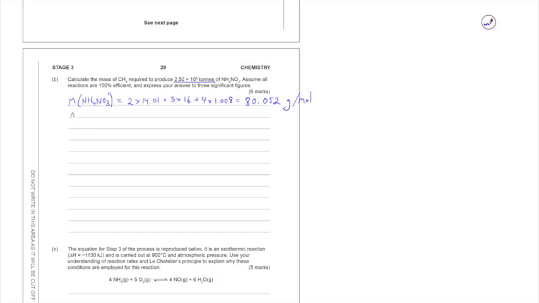Now the moles is equal to my mass divided by molar mass. So that is equal to 2.50 by 10 to the 5. Now that's in tons. And we can see that my molar mass is actually grams per mole, which means I'm going to need to convert my tons into grams. And how I do that is by simply multiplying by 10 to the 6.